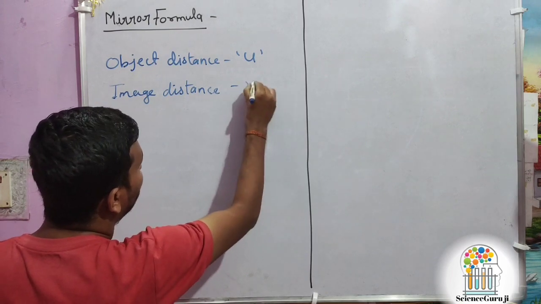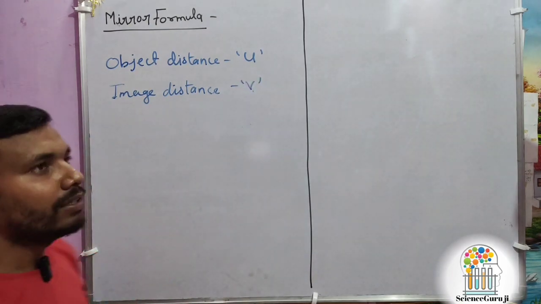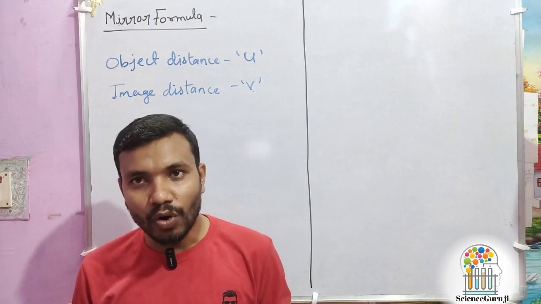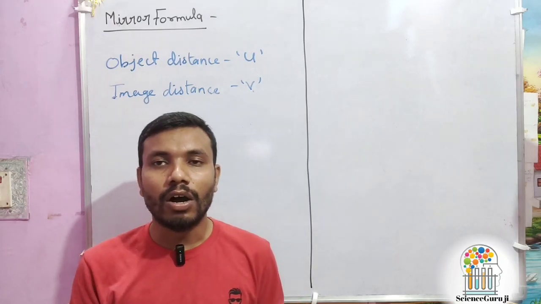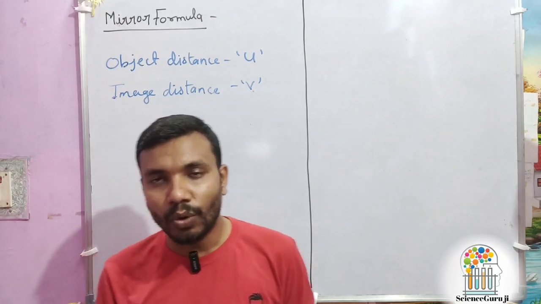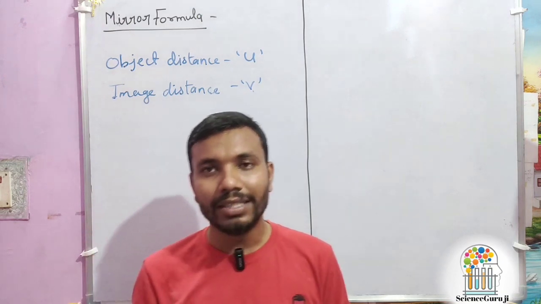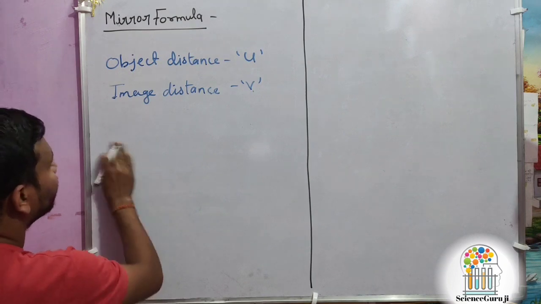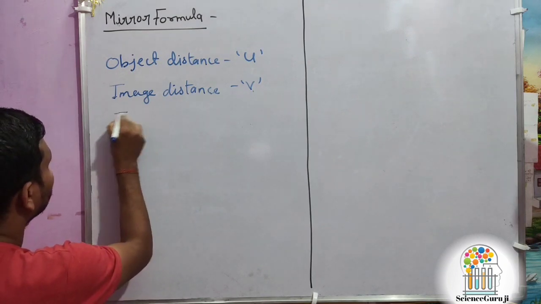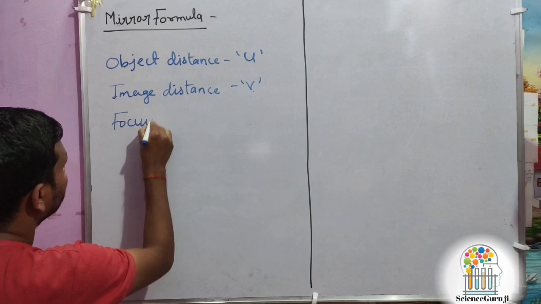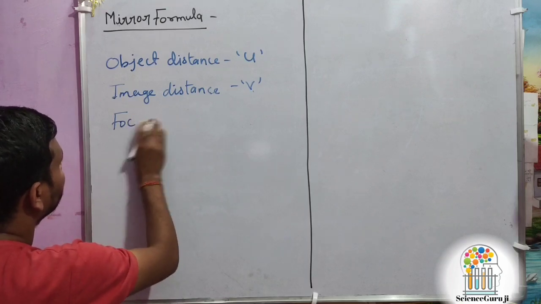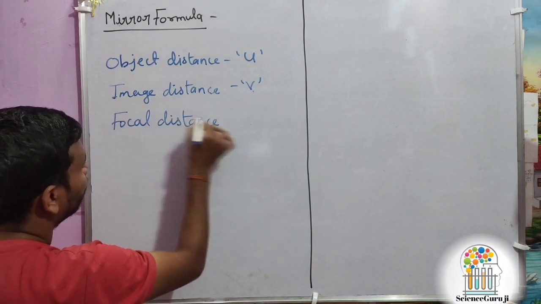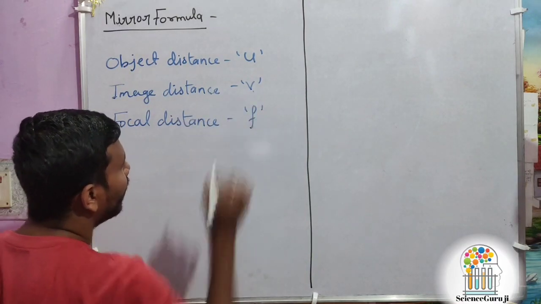And the distance from the pole to the principal focus is known as the focal distance. It is denoted by small f.